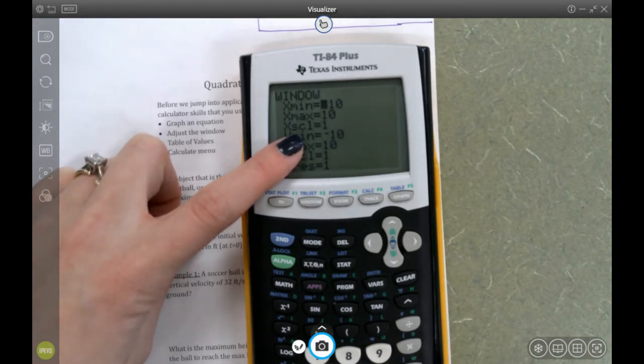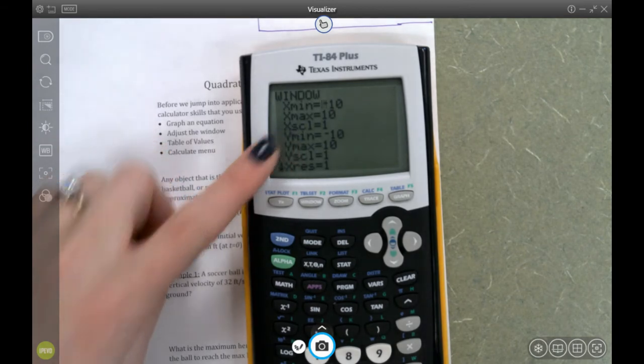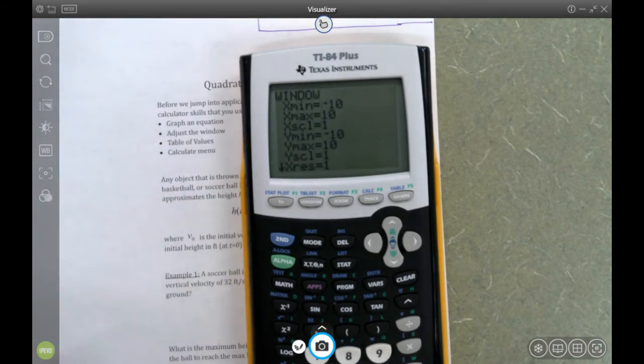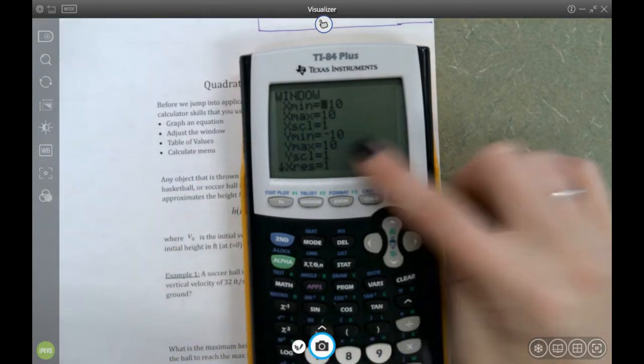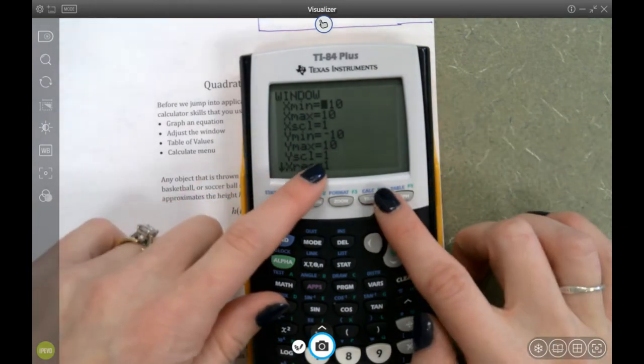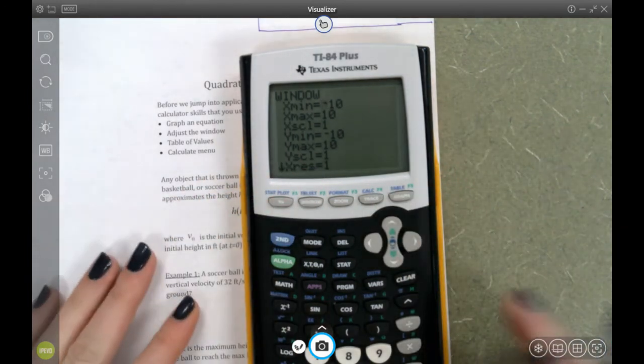So like right now, the X scale is 1, so that means there's 1 tick mark between every unit. You can make that 5, you can make it 100, you can make it whatever you want to. So if you do numbers that are bigger, you don't have quite as many tick marks and it doesn't get as confusing. And then Y values, your minimum shows you the bottom of your graph. Y max shows you the top. And then there's also a Y scale right there.